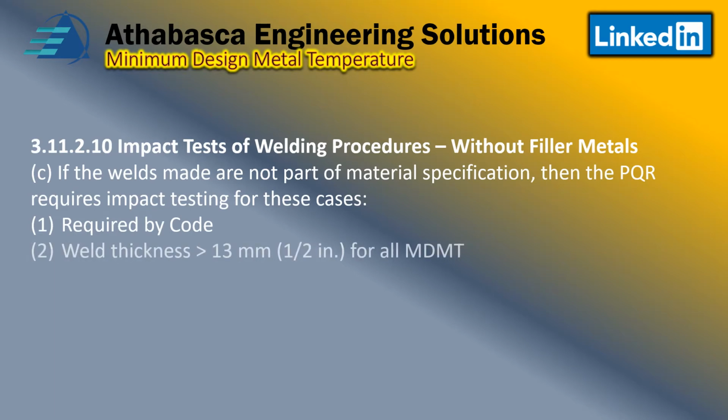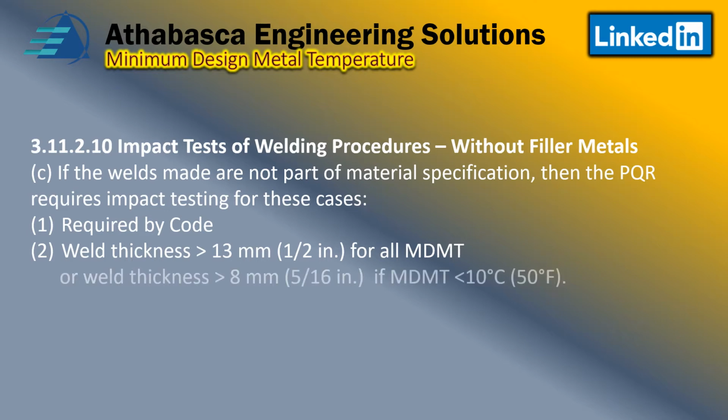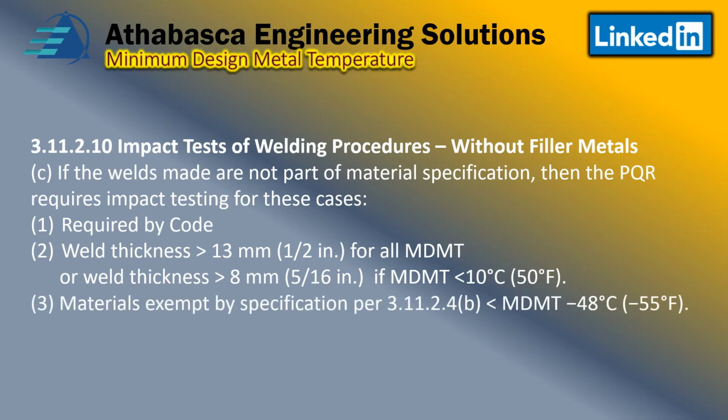By code, if the weld thickness is greater than half of an inch, not the weld passes but the weld itself, for all MDMT, or alternatively if it's greater than 8 millimeters, 5/16 of an inch, if the MDMT is less than 10 degrees centigrade. And finally, the materials are exempt as per 311.2.4, which we talked about earlier, if the MDMT is less than minus 48 degrees centigrade.